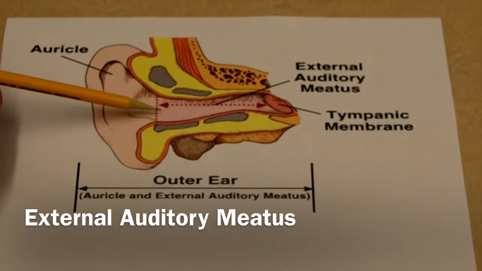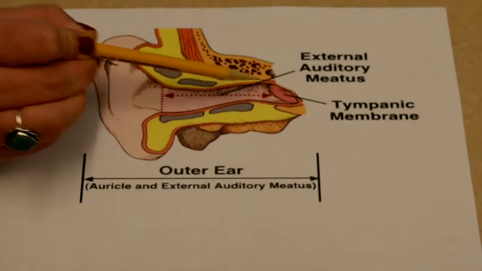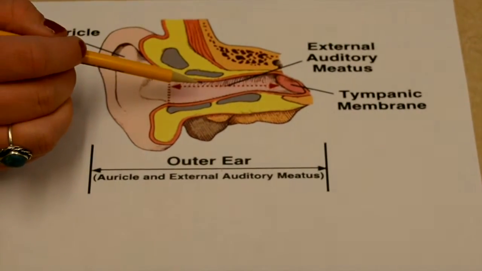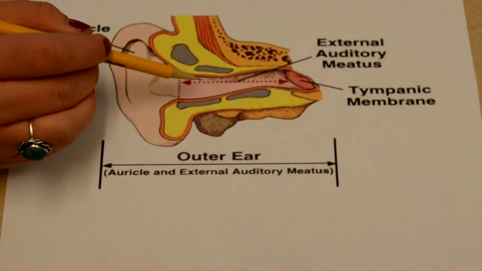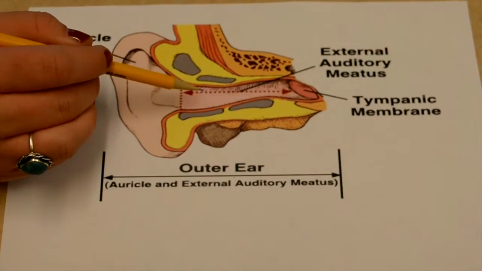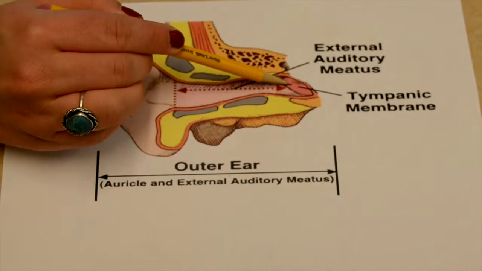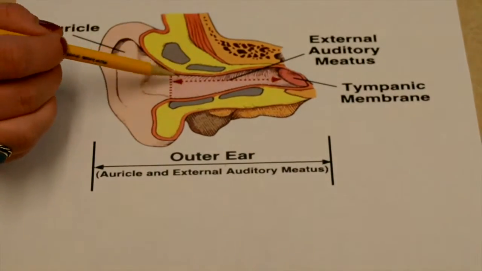The external auditory canal, which is this part right here, is the next structure acoustic waveforms have to move through to get to the middle ear. It allows air to warm prior to reaching the tympanic membrane and conducts acoustic signal.